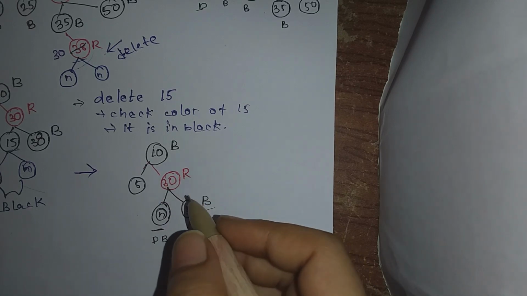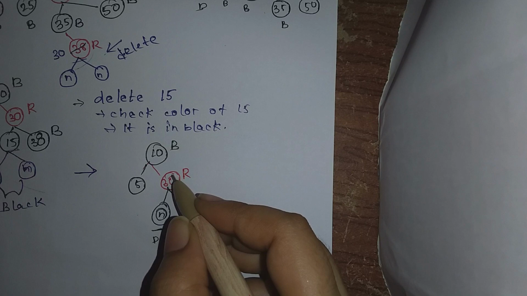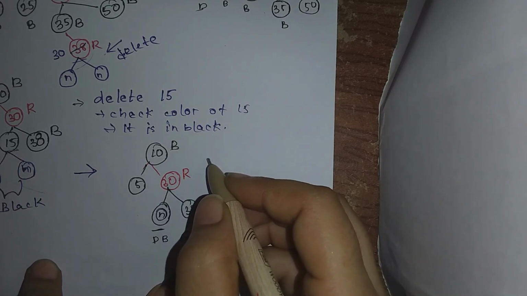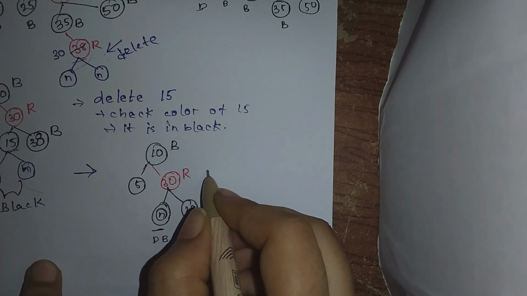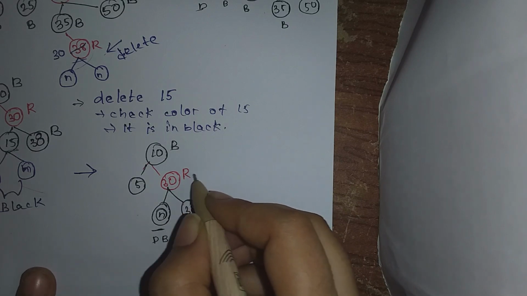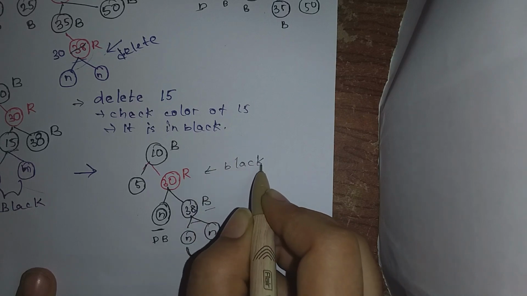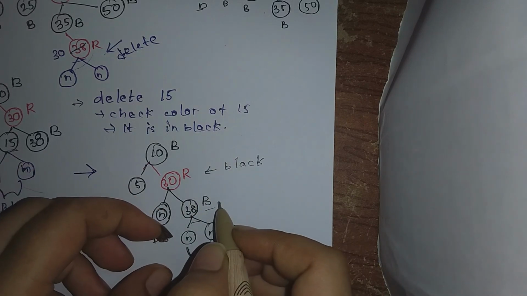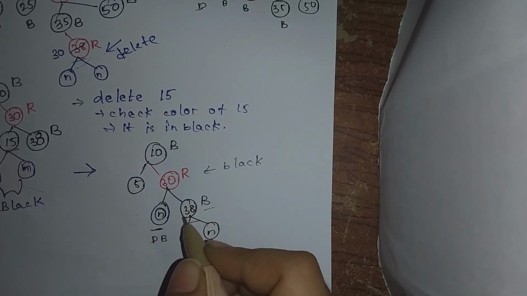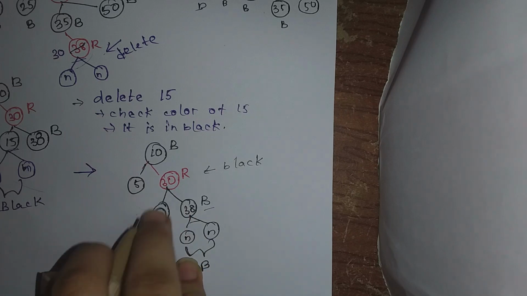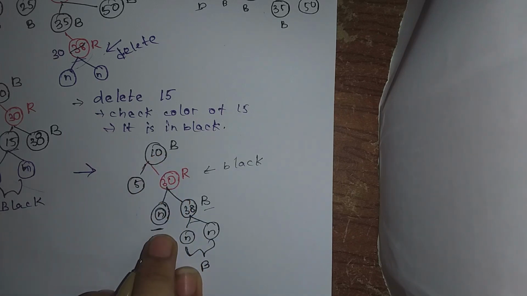If the black is given to the parent, this red color changes to black. Afterwards, the sibling gets angry: since the double black is given to the parent, why not to me? It gets angry, so it becomes red.